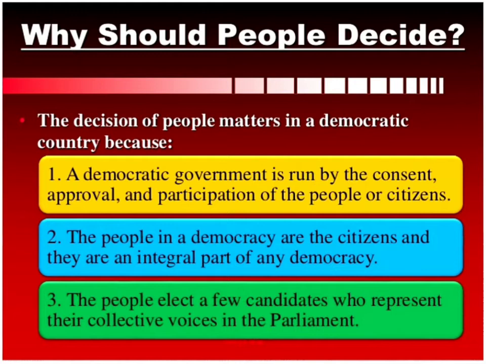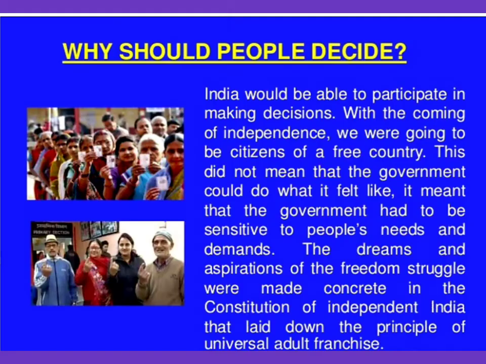Reason number 1, a democratic government is run by the consent, approval and participation of the people or citizens. We are an integral part of any democracy. The people elect the representatives. Now, in democracy, why should people decide?